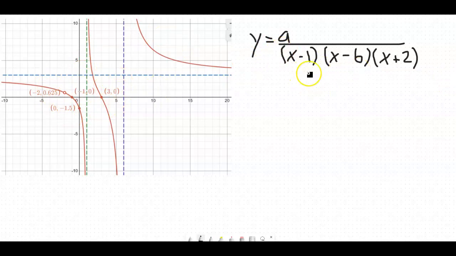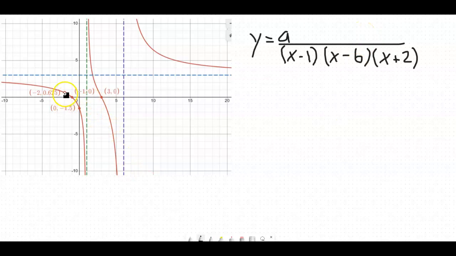So now that we've got all the vertical asymptotes and the holes converted into factors and put on the bottom of our rational function, now we're going to take a look at the top. Well, now before I do anything else, I need to know how vertical asymptotes and holes work. So a vertical asymptote is going to be associated with a factor on the bottom that cannot be canceled with the same factor on the top.